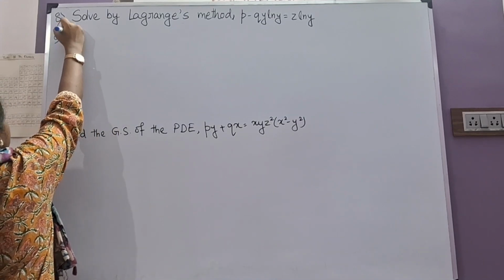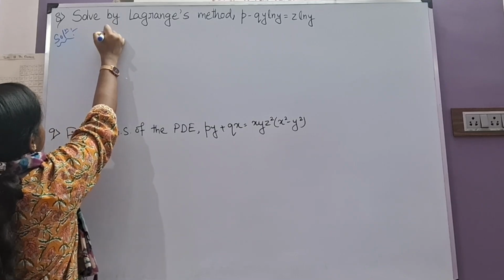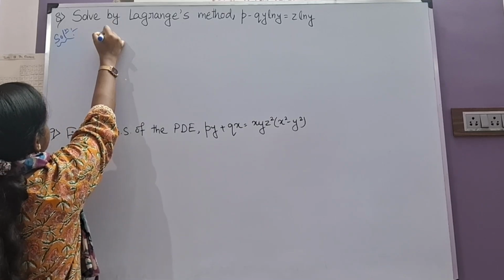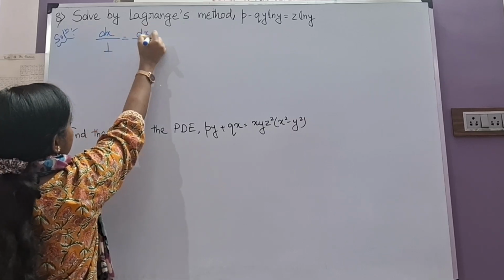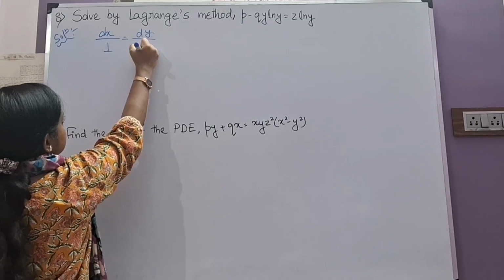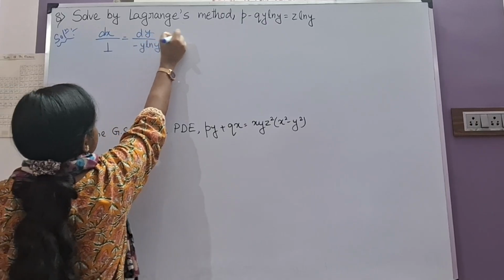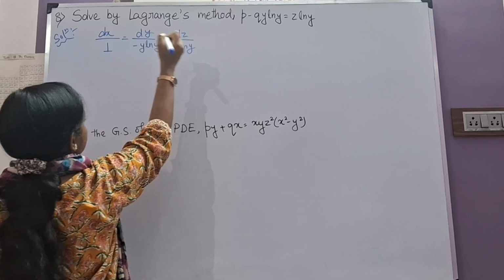Now we are going to solve this numerical. So here the Lagrange's auxiliary equation is dx by 1 equal to dy by minus y log y equal to dz by z log y.